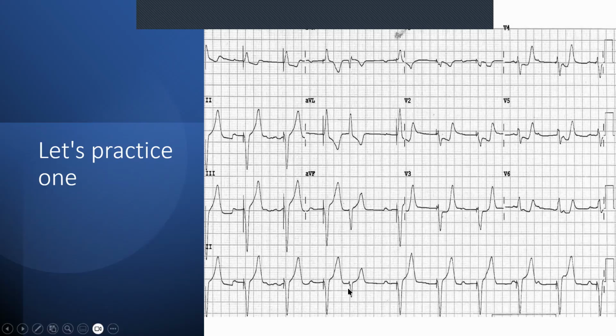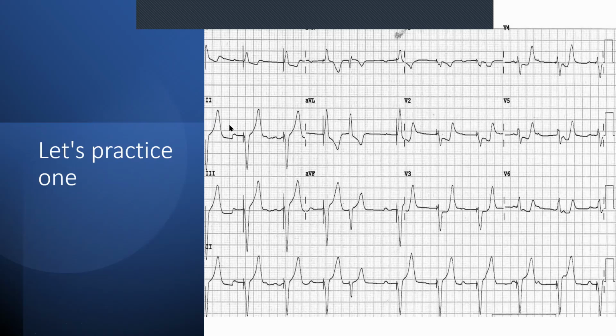If that sounds a bit confusing, you can go back and have a look, and you could argue that we've got premature ventricular complexes here. We've got a relatively slow rate of about 60, but that's not what we're interested in. So let's go through each and every section of the ECG, knowing what we know now about discordancy and concordancy.